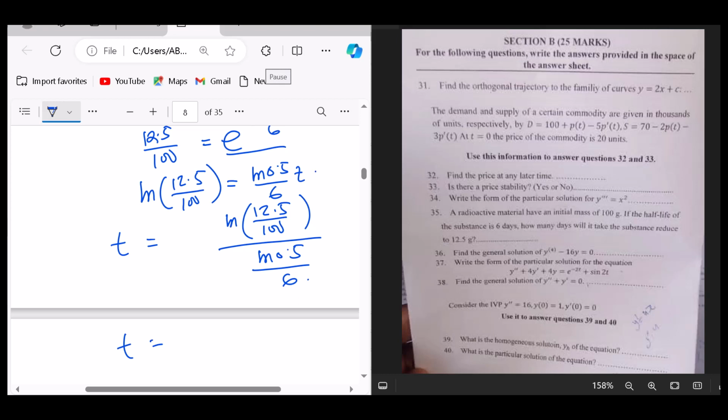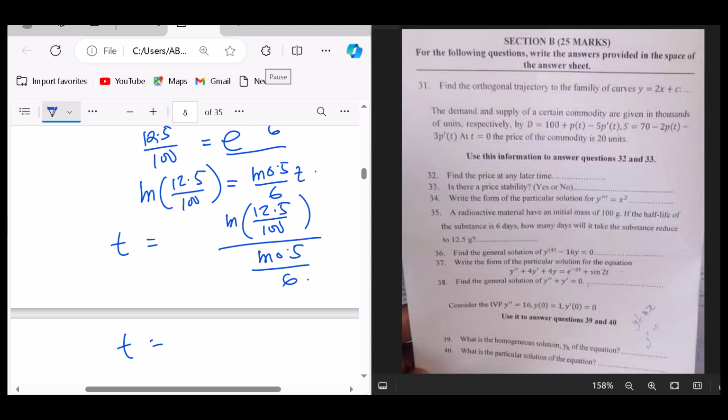So if you use your calculator, I don't know what this will be, but if I use my calculator, I'll just have ln of 12.5 over 100 over ln 0.5 over 6.